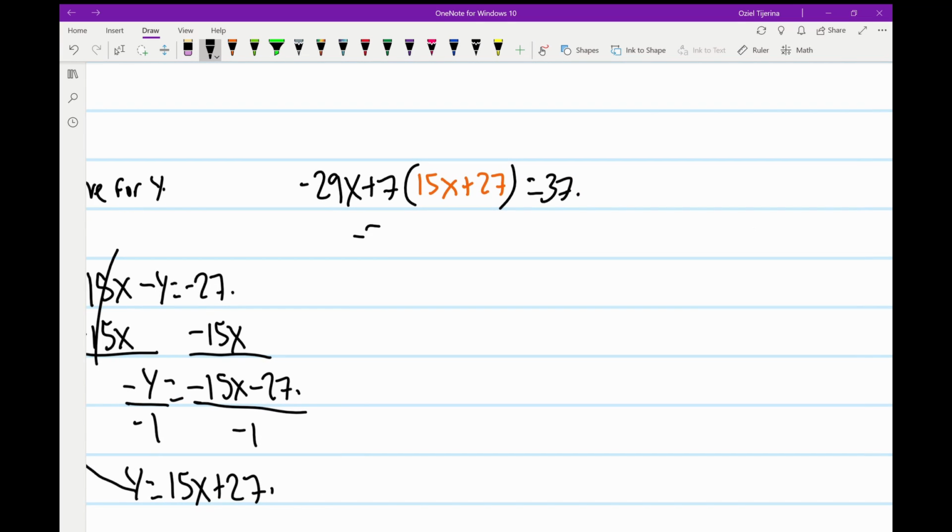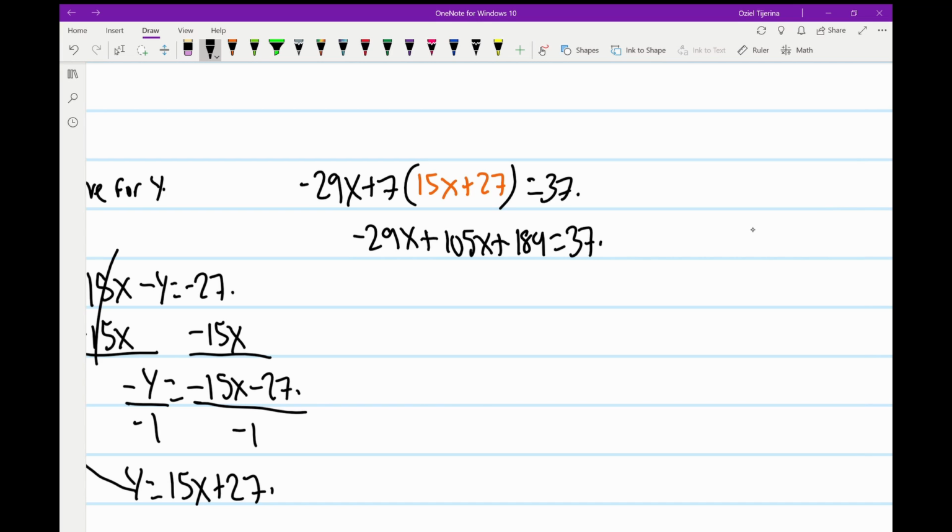So we get negative 29x plus, and then 7 times 15 is 105x plus 7 times 27, 189, equals 37.